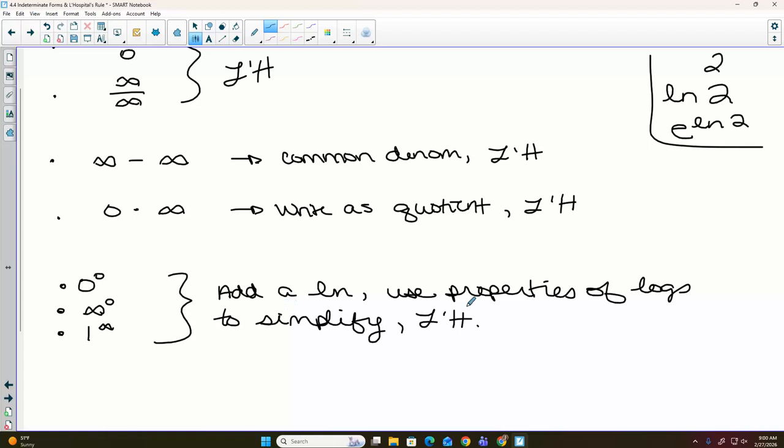So when we do these, we're adding a log. We'll do all the work to simplify, and at the end, the answer will be e to that power. So we're going to add the natural log for now, do all the work to simplify it, and then we have to put the e in to cancel the log that we added originally.